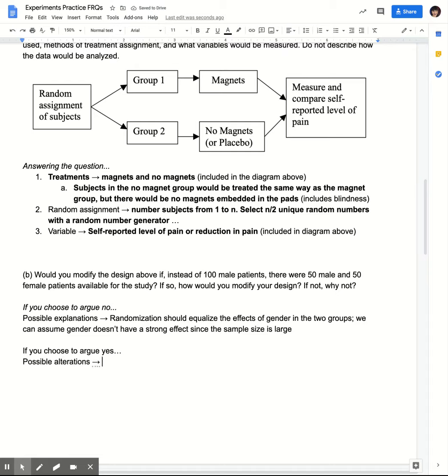You would basically have to describe blocking, right? So you would say, separate the subjects into the 2 gender groups and randomize subjects to the 2 treatments within each block. Okay.